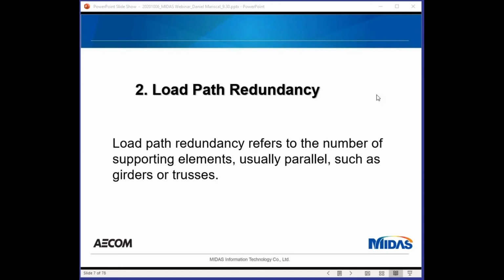Load path redundancy. This is, for example, if we have a bridge that has 9 I-girders. If one of the girders breaks somewhere in the middle, we have 8 other ones that can share the load of the ruptured girder. So that's what load path redundancy is.